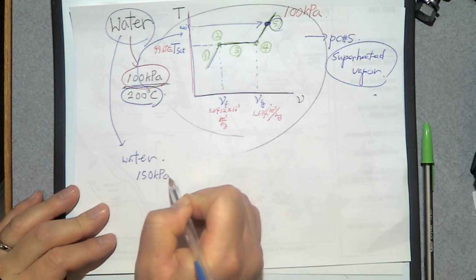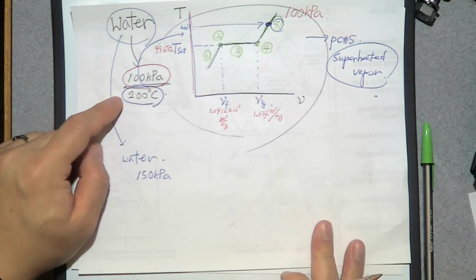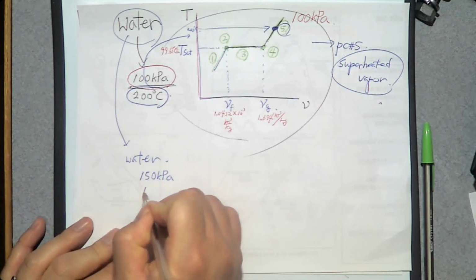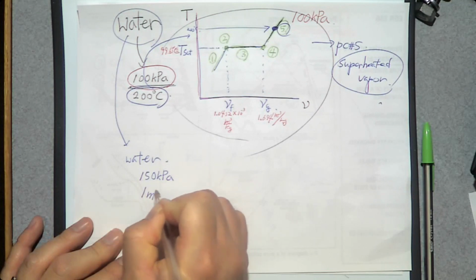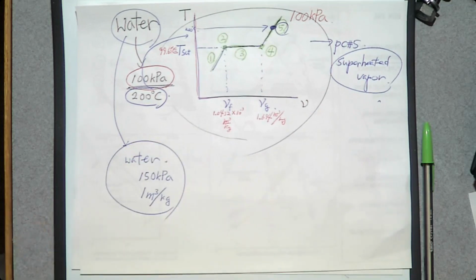It was 150 kilopascal, and I don't know the pressure, but I have the specific volume. When I measure the mass and the volume of a system, it was 1 cubic meters per kilogram. Now, can you determine the phase change process?